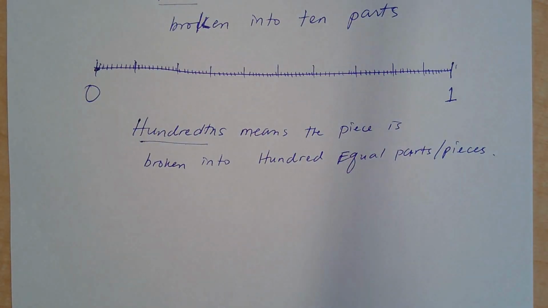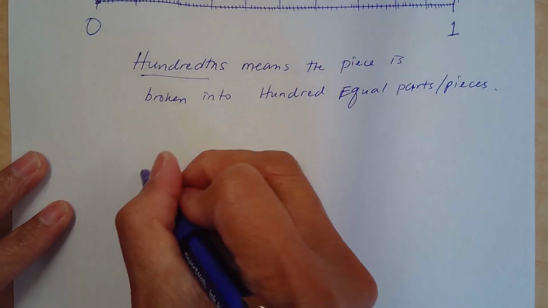Okay. So far so good? What I'm trying to do here is that I want us to visualize that the tenth is bigger than the hundredth. Now what about the thousandth?